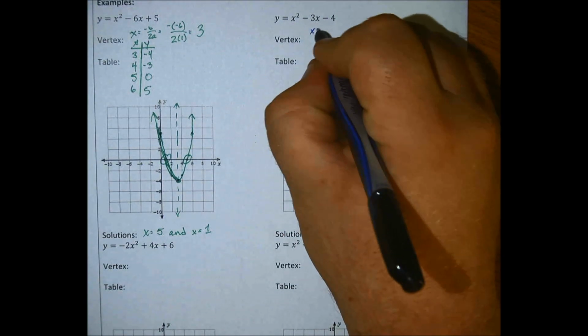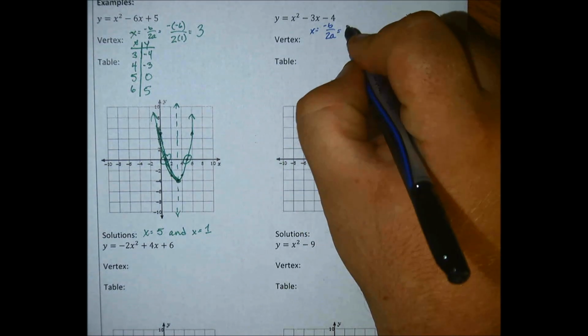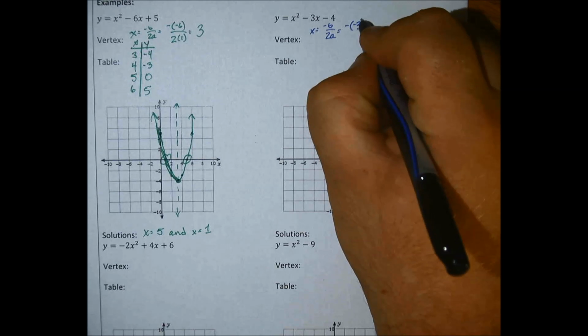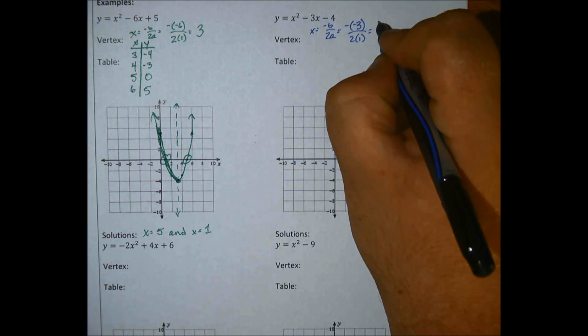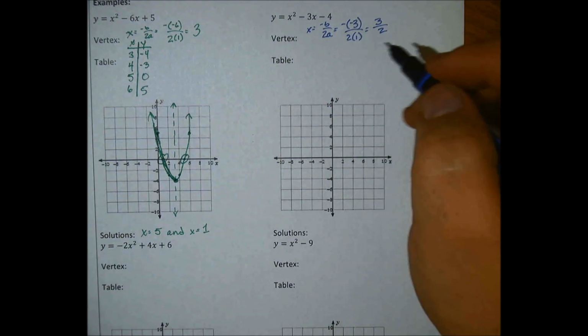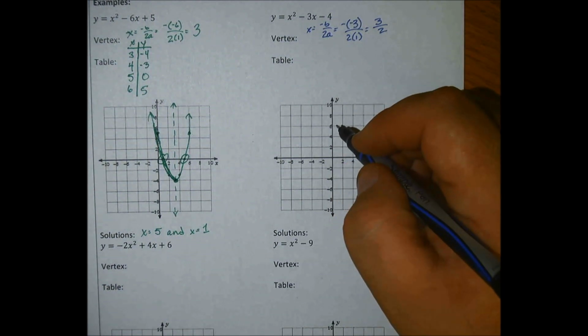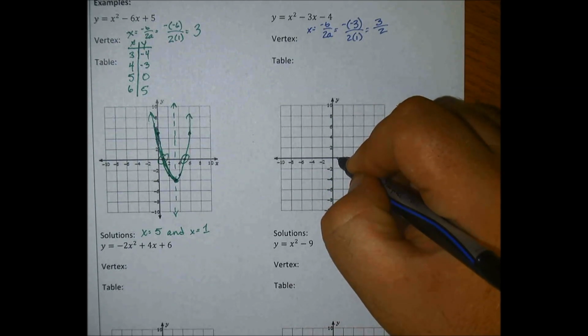So x equals negative b over 2a. So that's going to be negative negative 3 over 2 times 1. Oh, this looks like it'll be fun. 3 over 2. Goody. So let's go ahead and try to figure out where 3 over 2 would be. Halfway here would be 1.